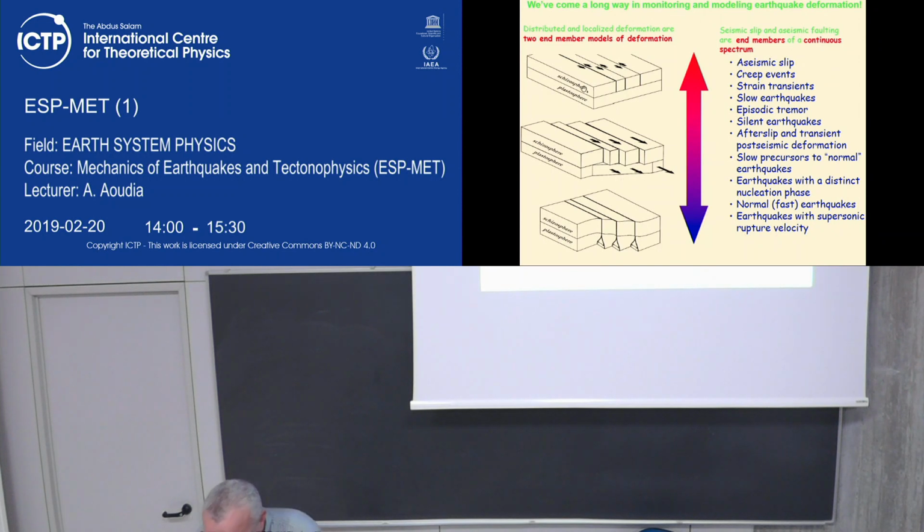Now, here it's one single fault, one single object, very simple, and we see that one single object within the system can exhibit different time and space deformations with different velocities of rupture.